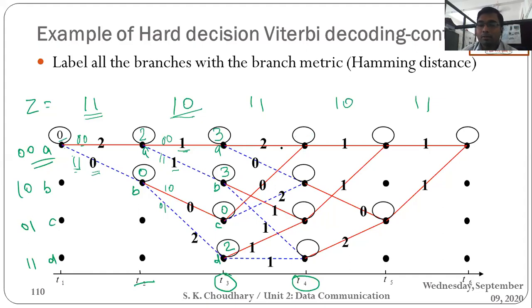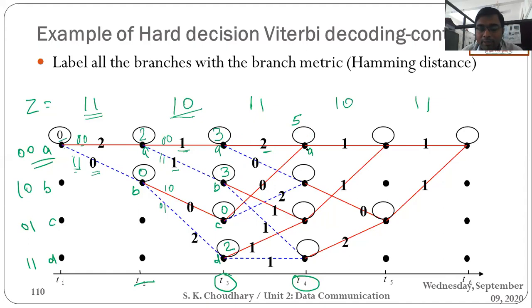and from this particular point we have to decide the surviving path. Okay, so see here, from A, when you receive the 0, your output is 0 0, so the Hamming distance is 2, so 3 plus 2 is 5. Okay, and again we have to first see the ending path.